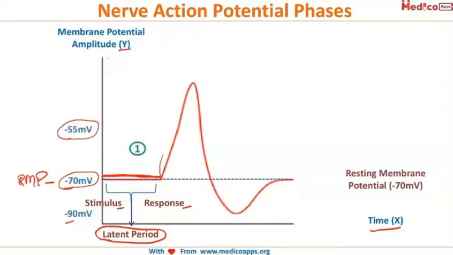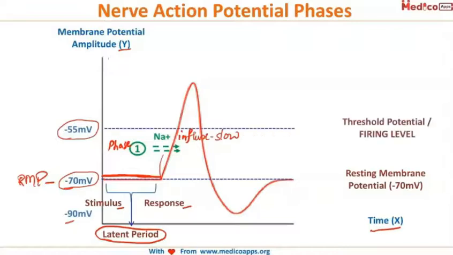Now, let's look at phase 1 of the nerve action potential. What is it all about? It is characterized by the influx of sodium ions into the cell. This influx, however, is a slow influx, and this is called local potential changes.